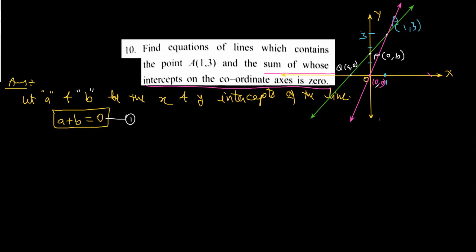If it is passing through (0, 0), its x-intercept A value is 0, and its y-intercept B is also 0. You know the definition of x and y-intercept? The x-intercept is the number on the x-axis where the line cuts the x-axis. So what is this number on the x-axis? 0. The y-intercept is the number on the y-axis where the line cuts the y-axis. What is this number on the y-axis? 0 as well.